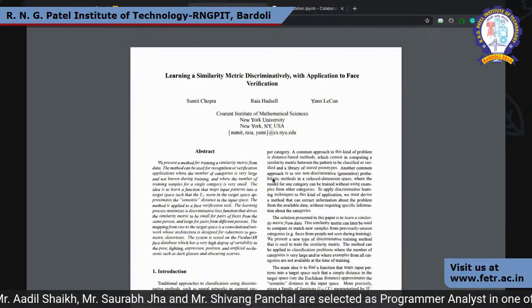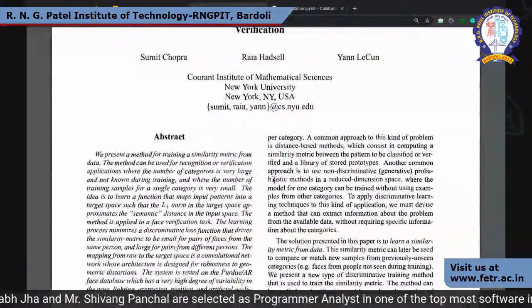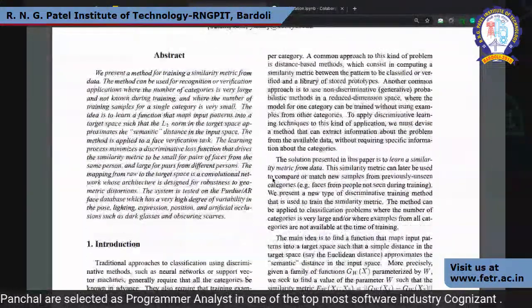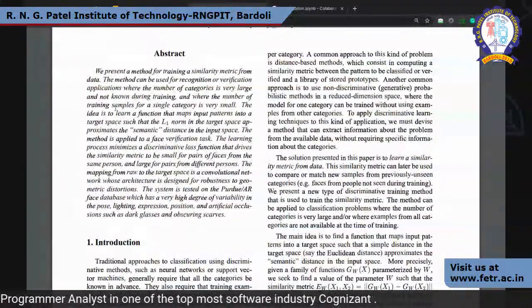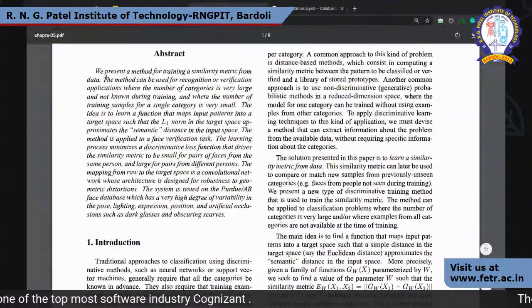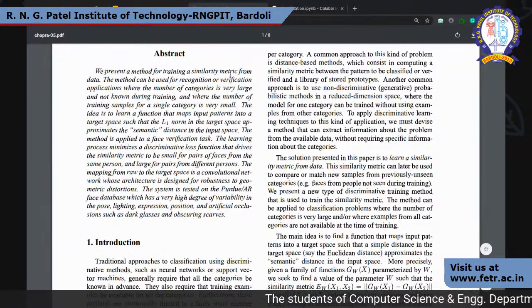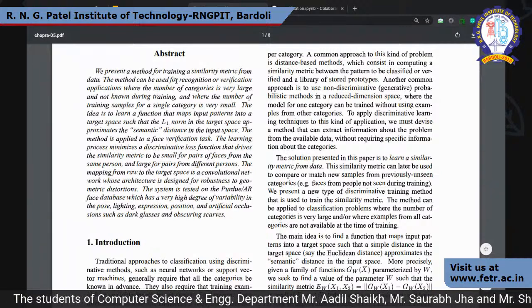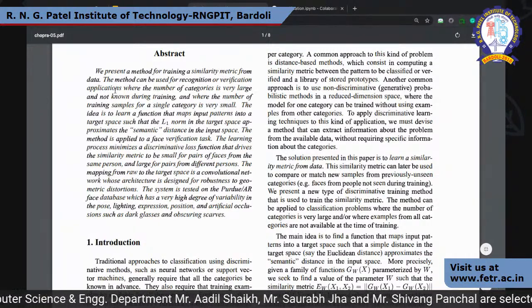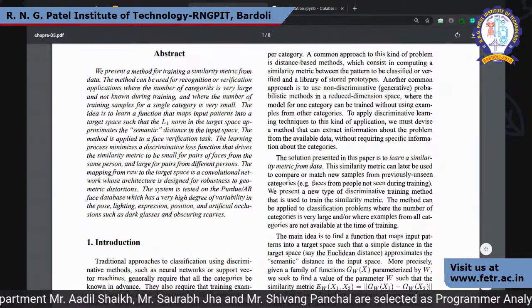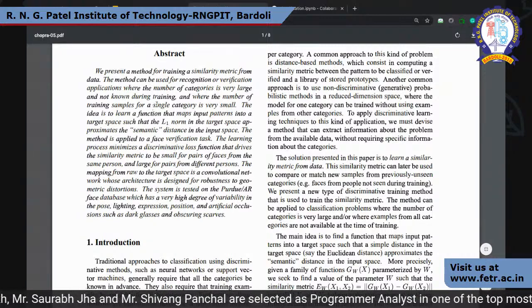We are not going to explore the whole paper, but I'll describe some of the things. As you can read in the abstract, they define that we present a method for training a similarity metric from data. This method can be used for recognition and verification applications where the number of categories is very large and not known during training, right?